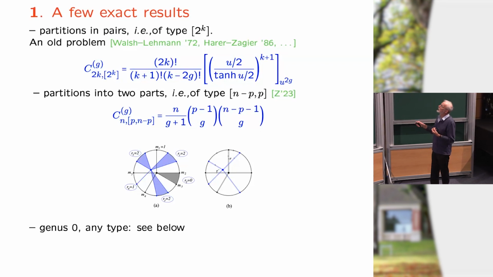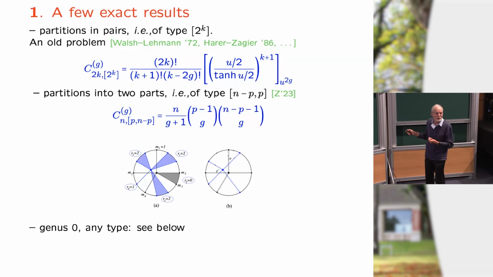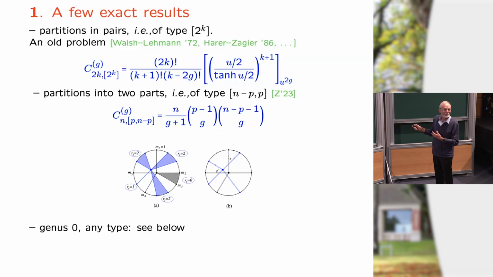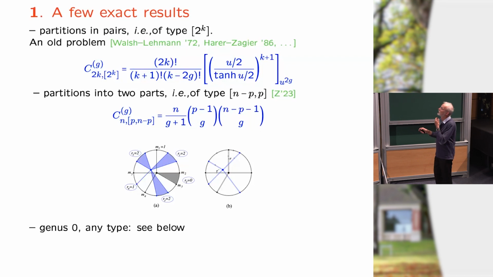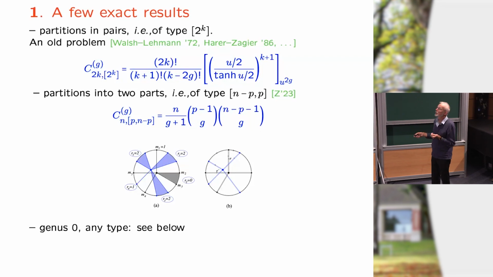And they found this explicit expression. So in that case, you see, Carol, they go to the final result, okay? They have a totally explicit expression, not only the generating function. And another case which is explicitly known is the case in which you partition your set into 2 parts, okay?